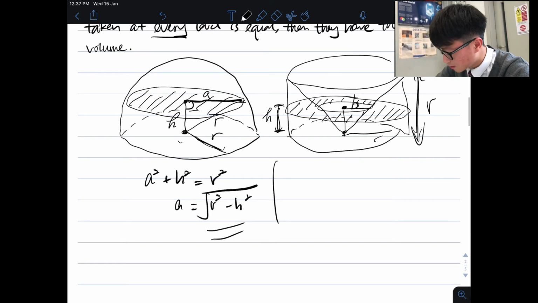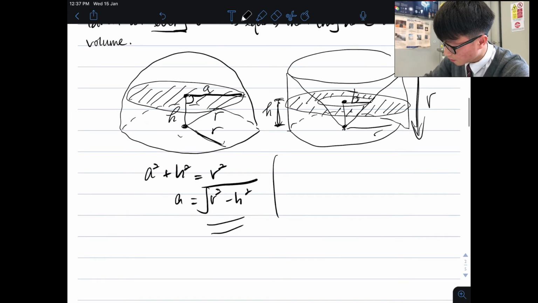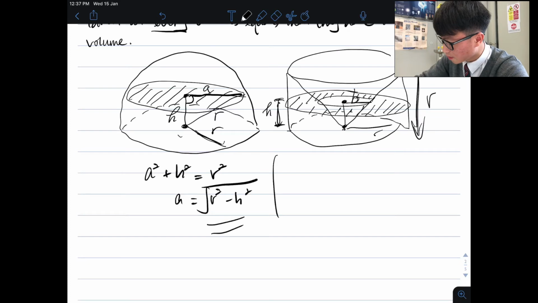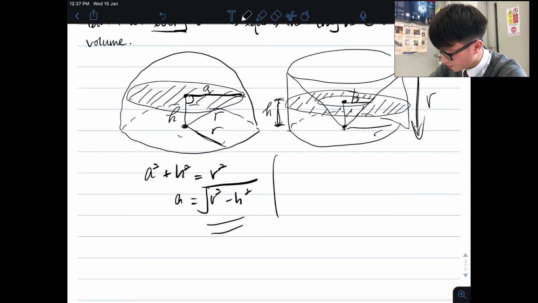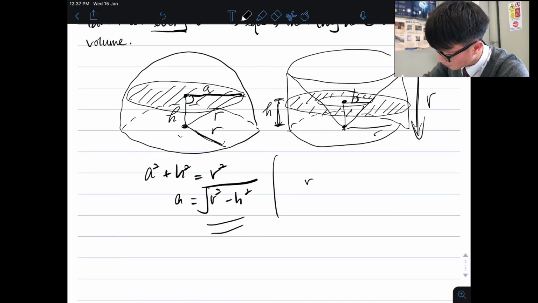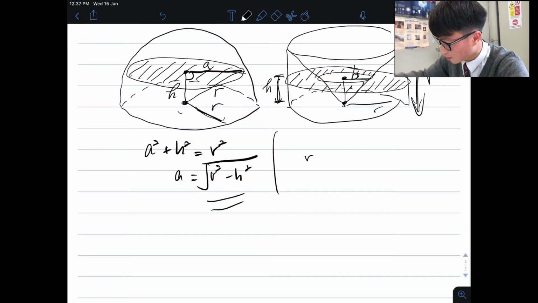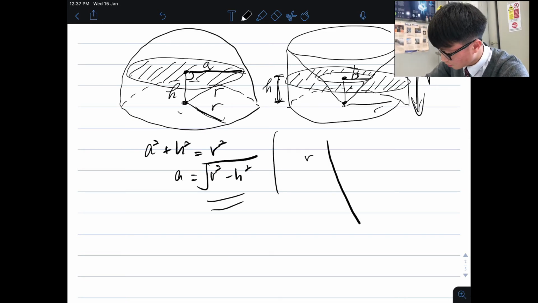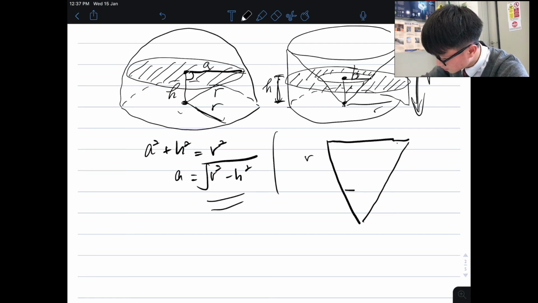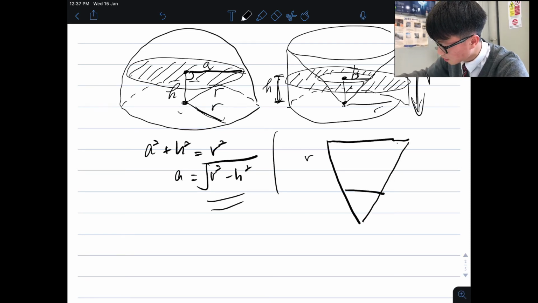The large circle of the cylinder has a radius of r, and if we draw a vertical cross section of the plane of the solid, it will look like this with similar triangles.